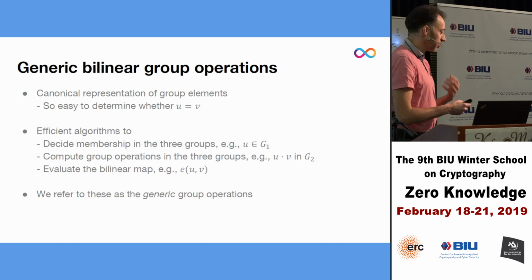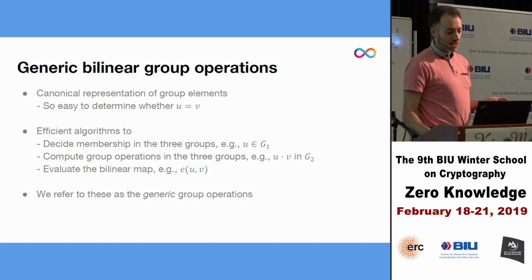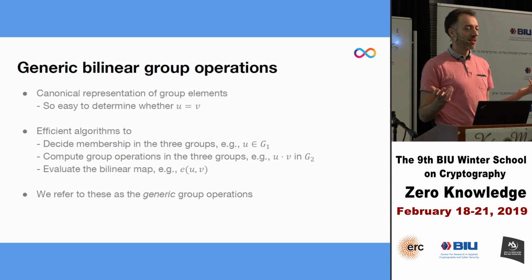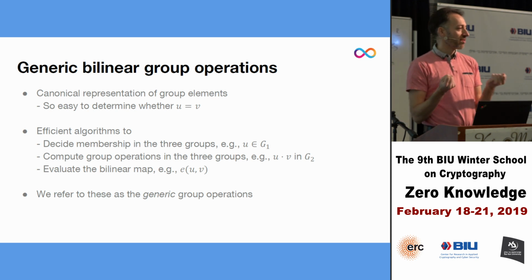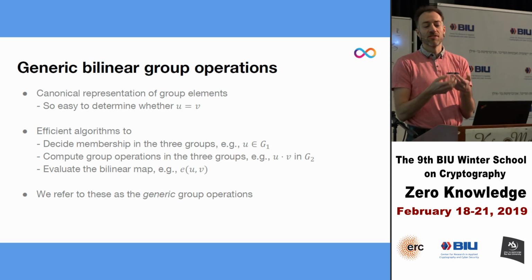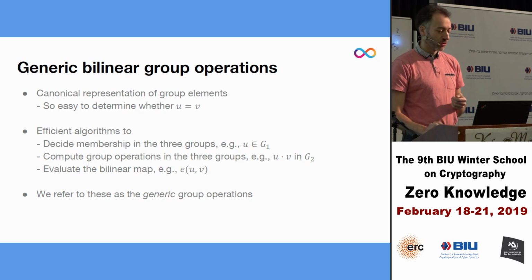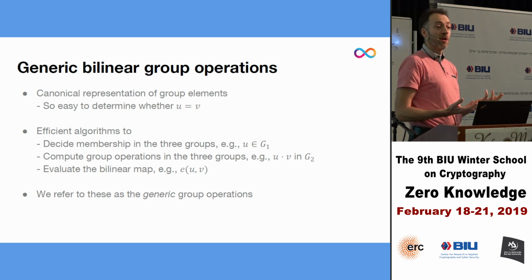Okay, so what can we do in this group here? So first of all, I'll assume that there's a canonical unique representation of all the group elements. So if you want to compare two group elements to see whether they're the same, you just compare the bit strings and check whether the bit strings are the same. So that's an easy operation to do. And then I'll assume that we can decide very efficiently membership of the group.